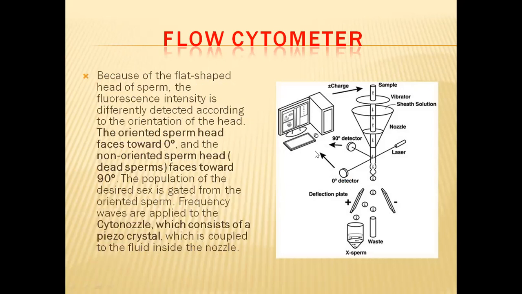And below this in this apparatus, there will be some deflector plates. These deflector plates will have different charges. One plate will have a positive charge, another plate will have a negative charge. These two are arranged in opposite directions, and three vessels, three bottles, will be placed under the total apparatus.